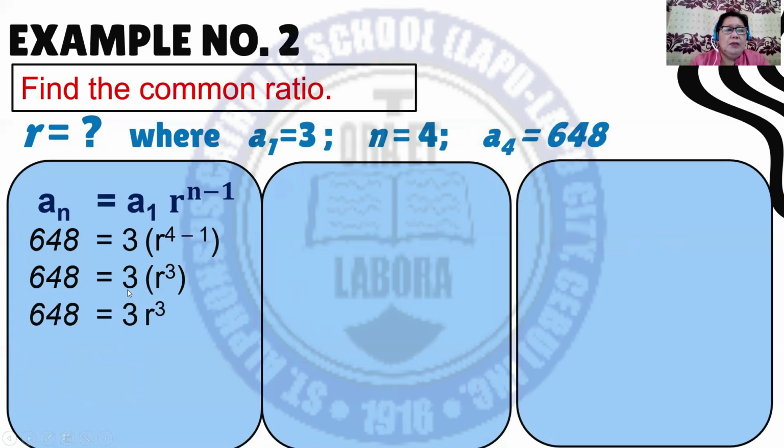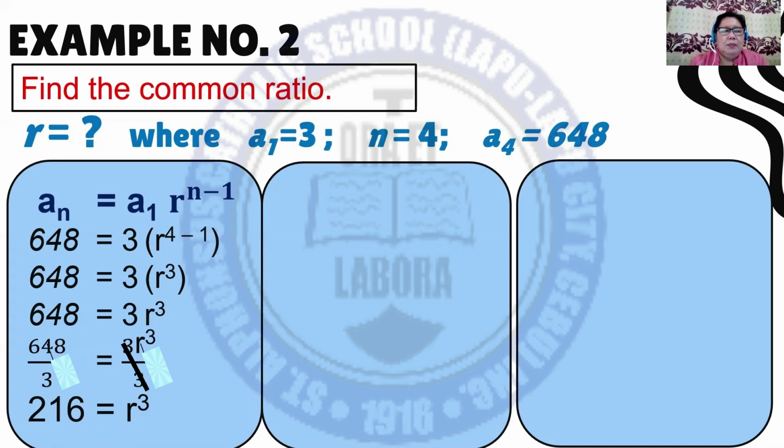Then multiplying 3 times r cubed is equivalent to 3r cubed. Then divide by 3, divide by 3, cancel 3. So 648 over 3 is 216. Then we also have r cubed here. Then applying the symmetric property of equality, we can have r cubed is equal to 216.